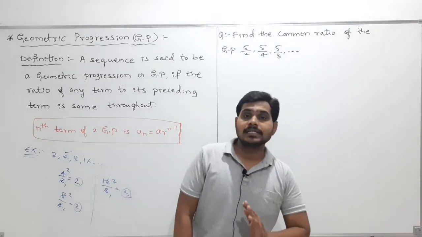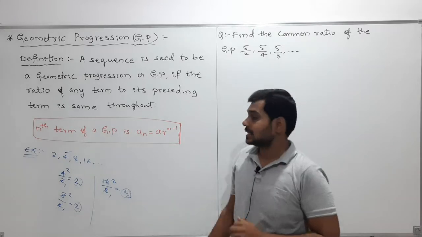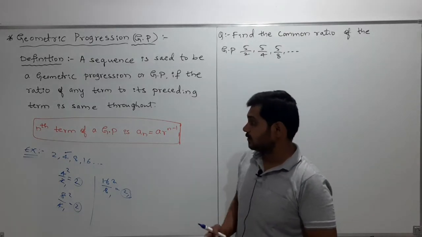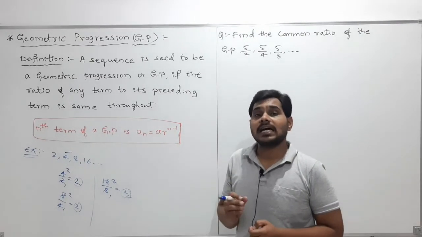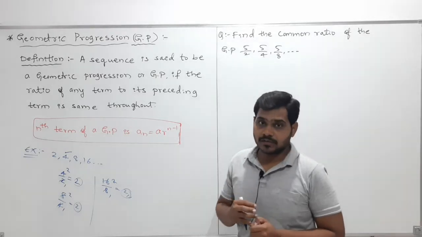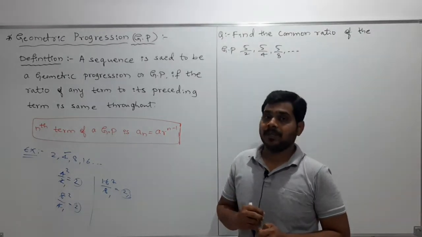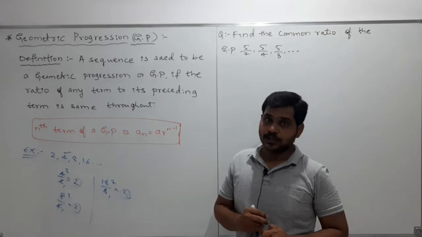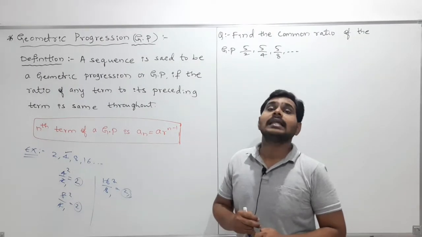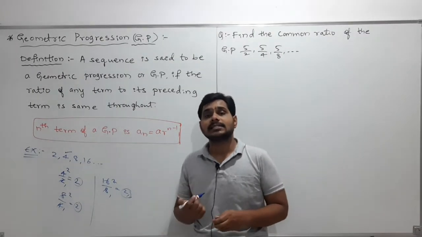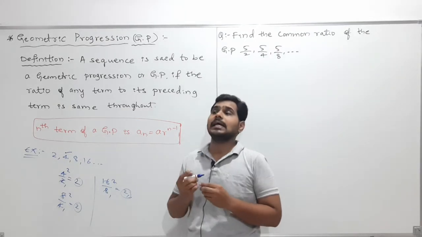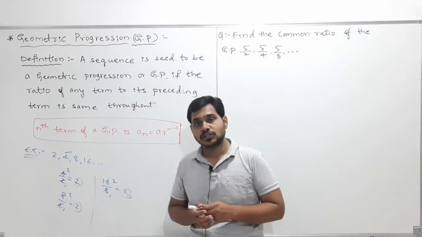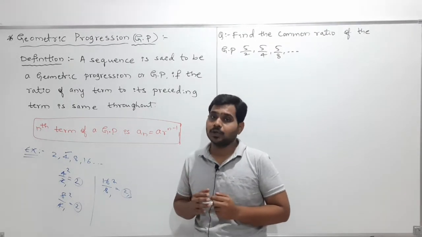And also, my dear students, in the AP we discussed the same, but there we took the definition as: if you take any two consecutive terms, the difference should be the same. That we discussed in the AP. And also in the AP we discussed the nth term. So how to calculate the nth term? In the AP the nth term formula is an is equals to a plus n minus 1 into d.